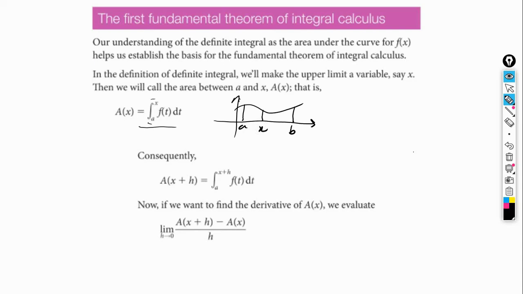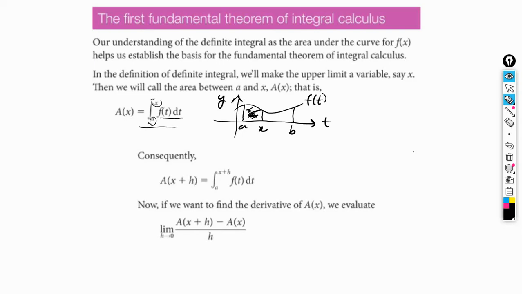Let's say this is t, this is y, and the function would be f of t. So if we want to find the area under the curve f of t between a and x, which is this area here, we would simply have to do the definite integral of f of t dt between a and x.